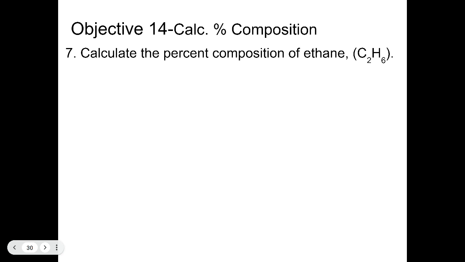There are 6 of them, while there's only 2 carbons, but carbon weighs 12 times as much, actually. So let's do it. 24 divided by 30 is equal to 80%. Any guesses as to what the next answer will be?